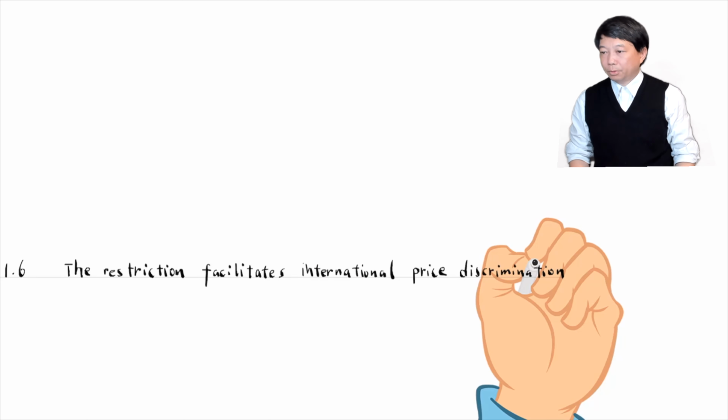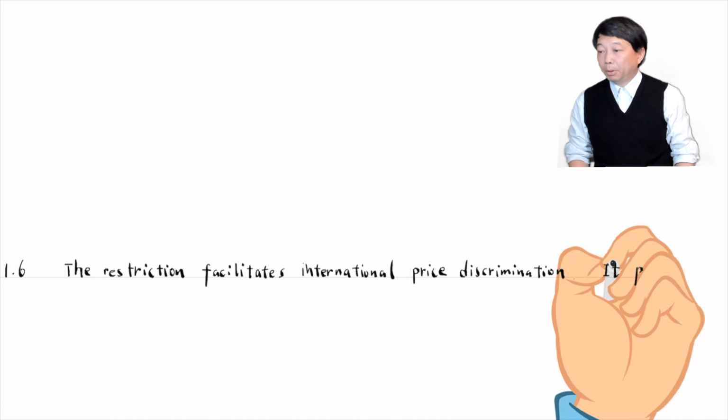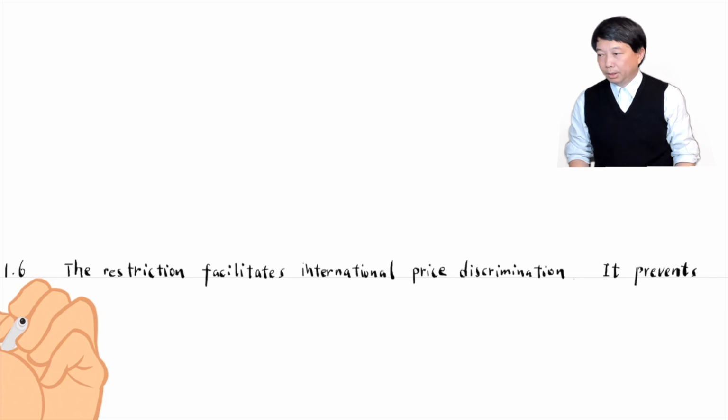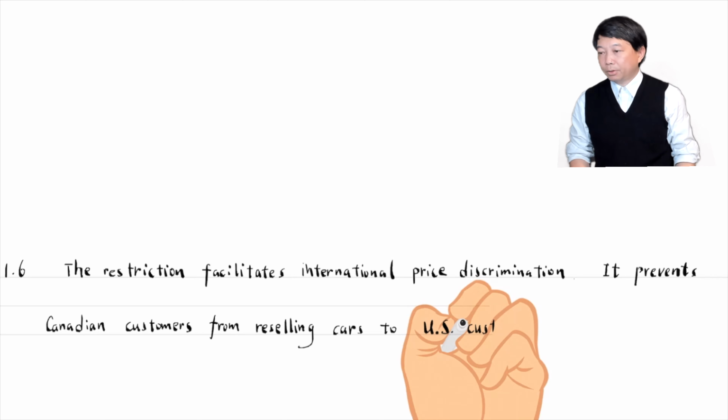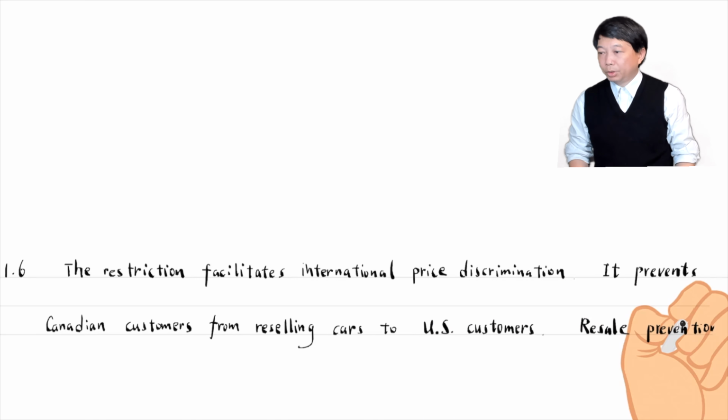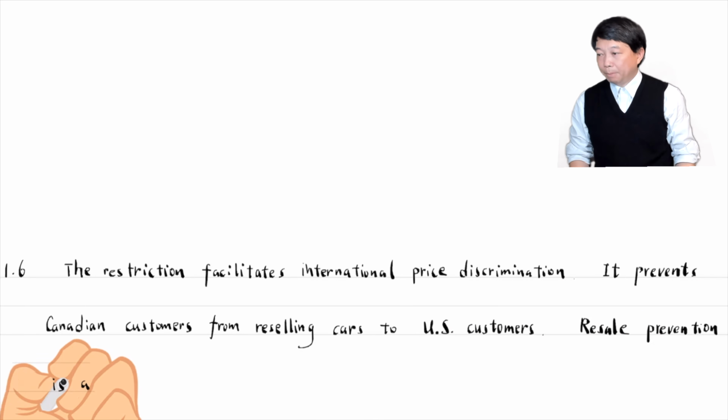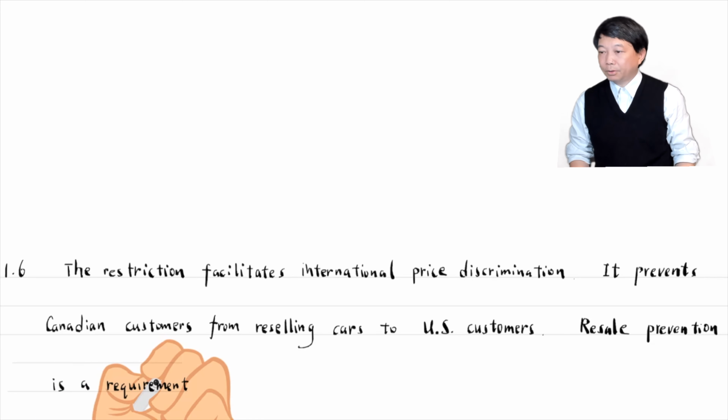Ford charges U.S. consumers a higher price than Canadian consumers for the same product. The prohibition prevents Canadian customers from reselling cars to U.S. customers. Resale prevention is a requirement for effective price discrimination.